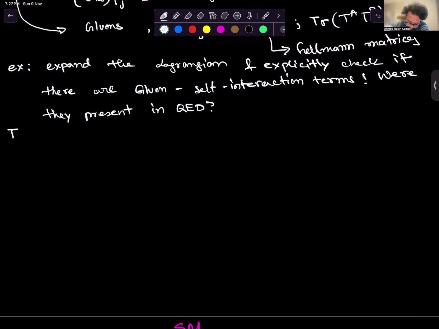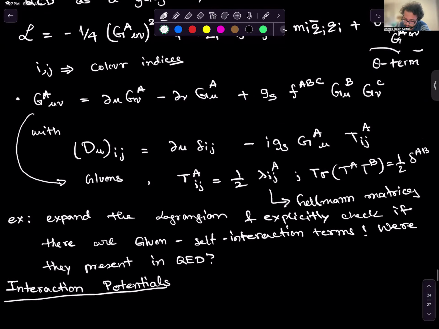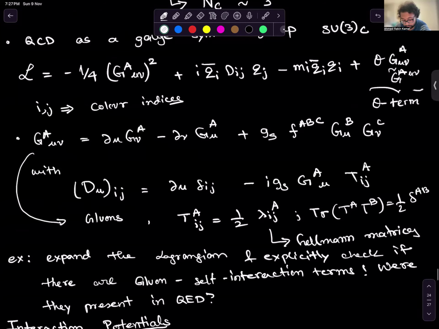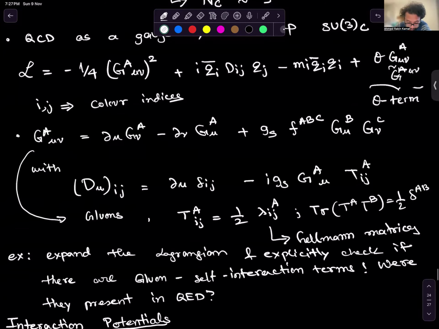So a bit about the interaction potentials. Okay, so the QCD story goes like this. You have a strongly coupled SU(3) gauge theory with quarks.